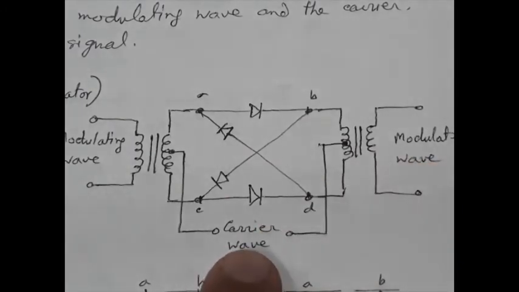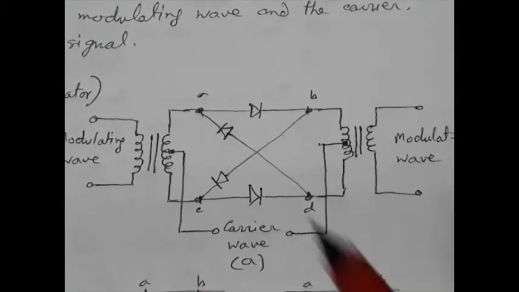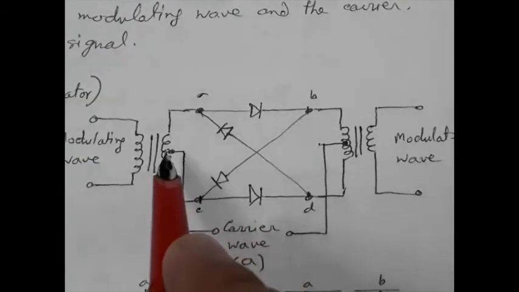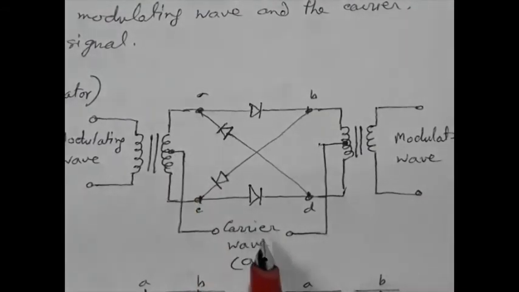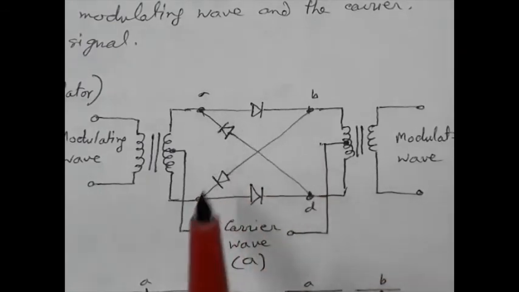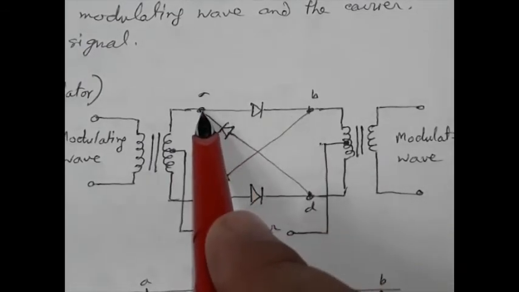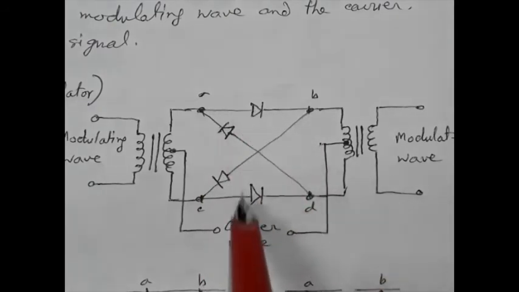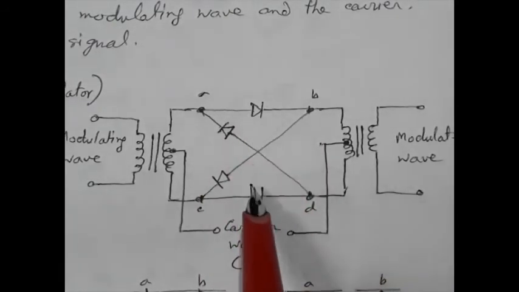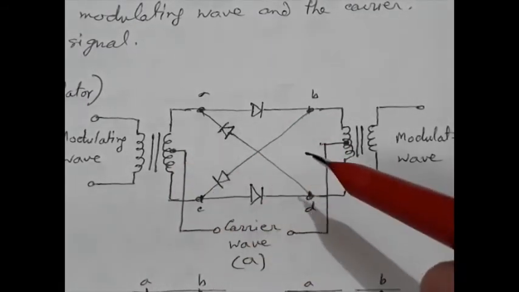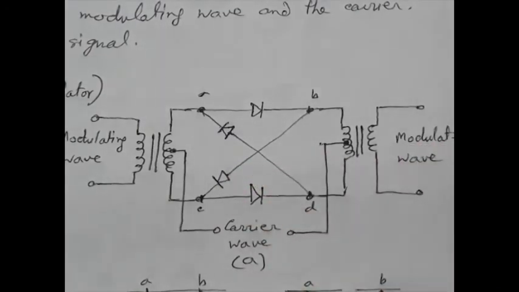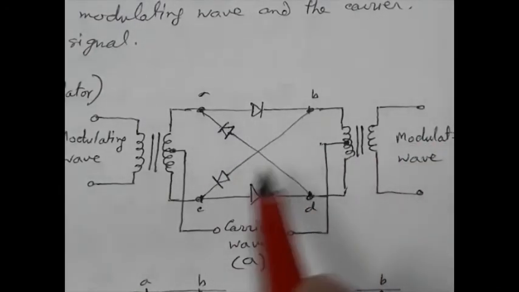The carrier wave here is square in nature. The carrier is given right here. From that we have two center tap transformers, and through the center tap we are providing this carrier wave. We have 4 diodes. The outer diodes are facing towards the right, and the inner diodes are facing towards the left side. So this is the basic circuit.